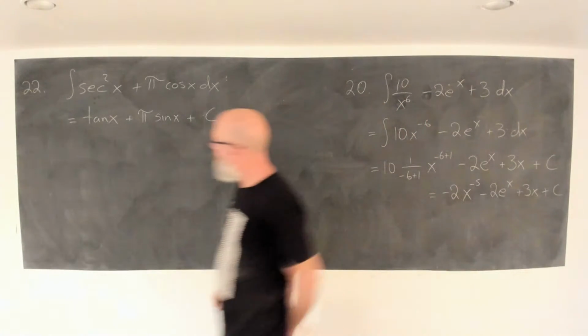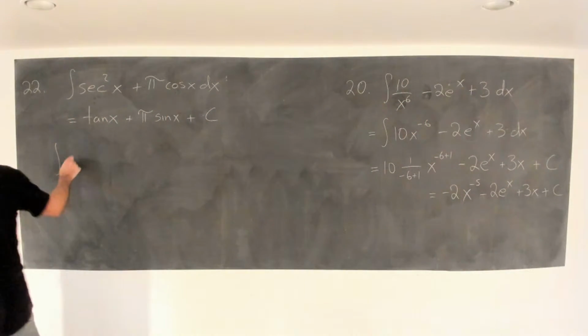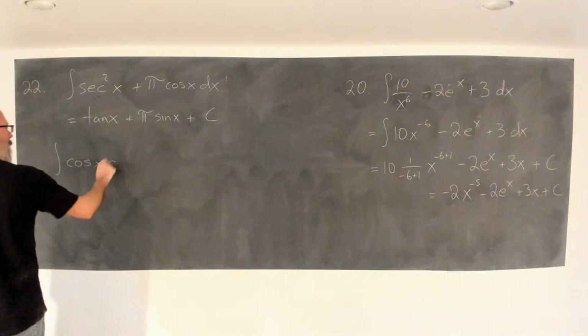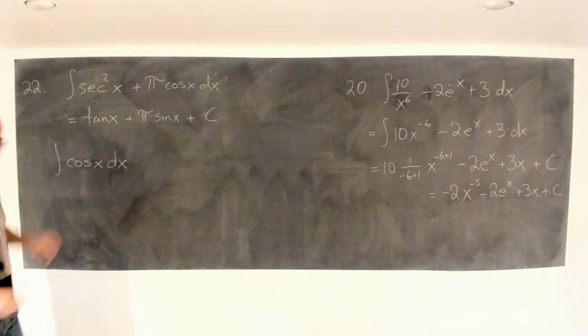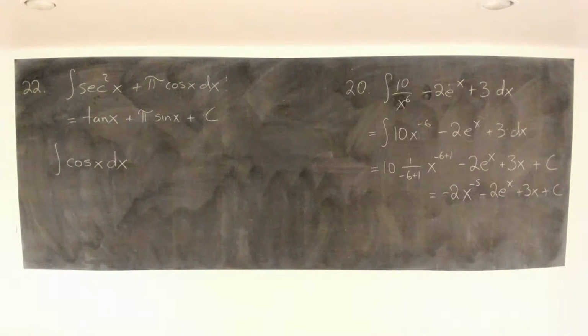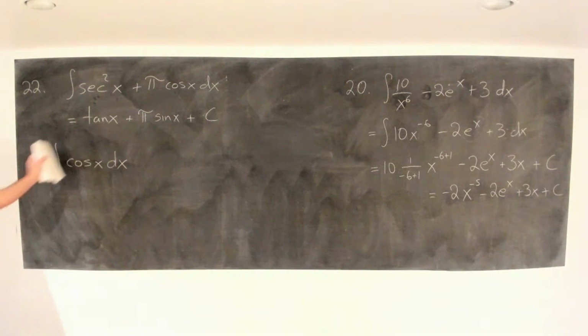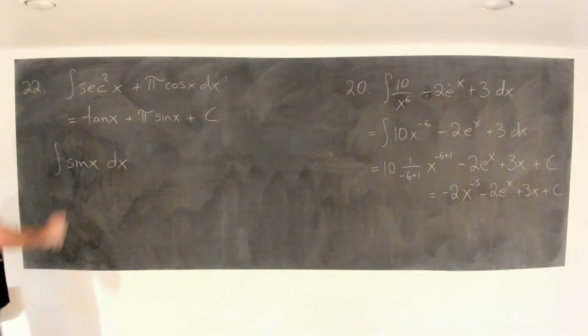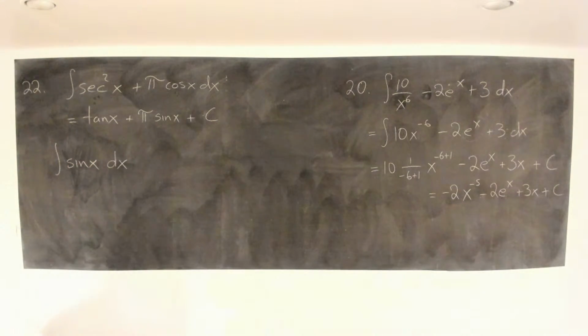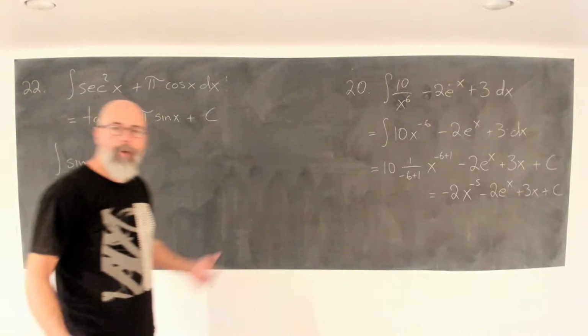Let me ask you this. What about the antiderivative of cos? Oh, we just did the antiderivative of cos. That's not what I want. What about the antiderivative of sine? Right?